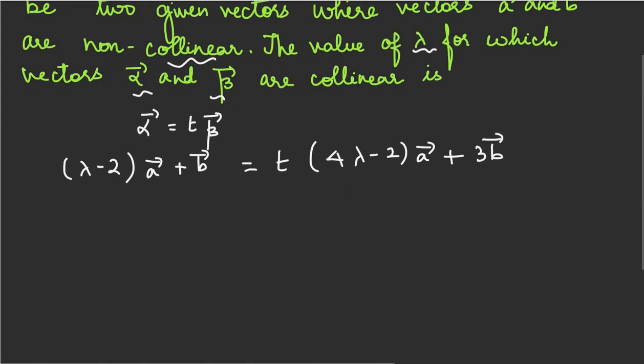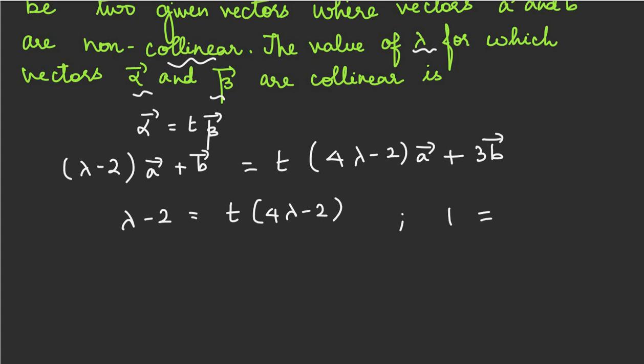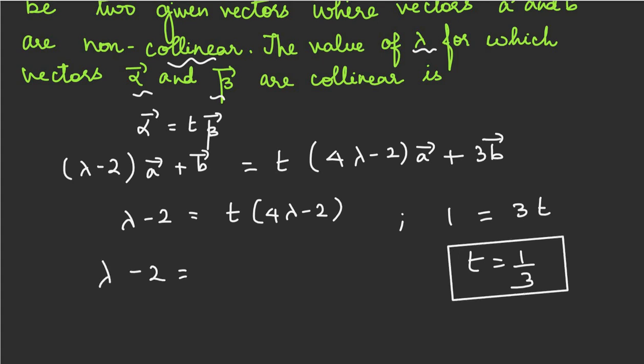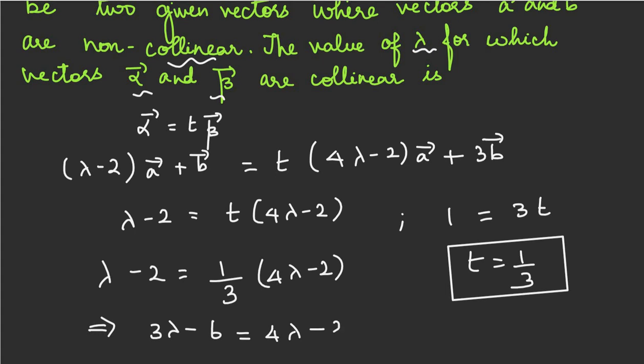Now, comparing the coefficients of A vector, we get lambda minus 2 is equal to t times 4 lambda minus 2. And comparing the coefficients of B vector, 1 is equal to 3t, or t is equal to 1 by 3. Now substituting t is equal to 1 by 3, lambda minus 2 is equal to 1 by 3 times 4 lambda minus 2, which gives us 3 lambda minus 6 is equal to 4 lambda minus 2.